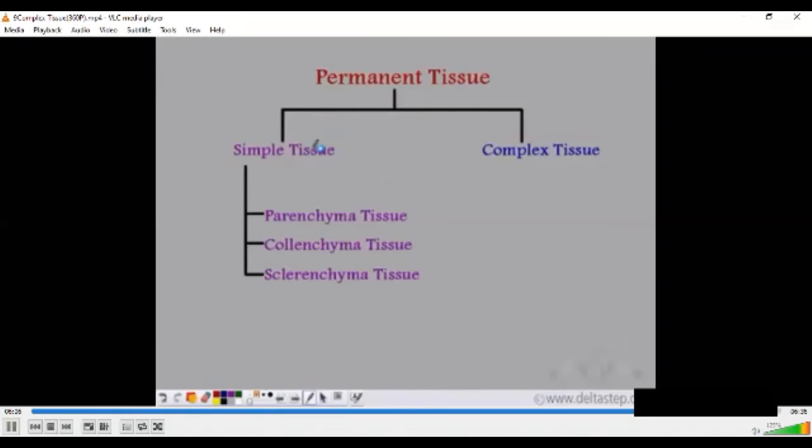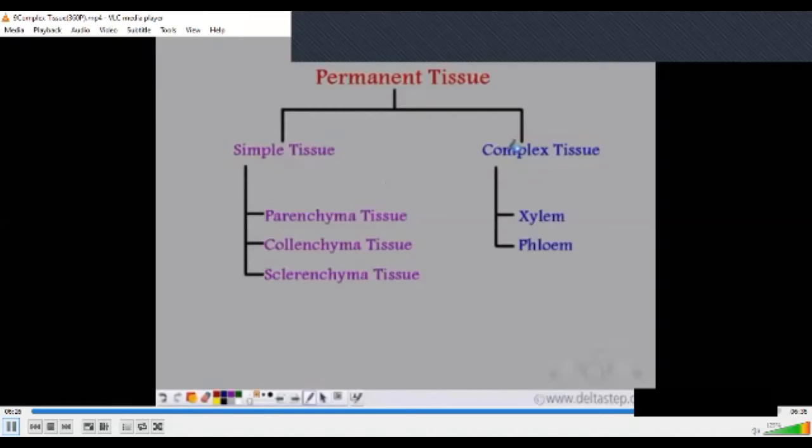All these three tissues contain one kind of cells, and hence they are simple tissue. But the complex tissue, like the xylem and the phloem, which form the conducting tissue system of the plant, are made up of more than one kind of cells. They are made up of parenchyma cells and sclerenchyma cells, and hence they are known as complex tissue.